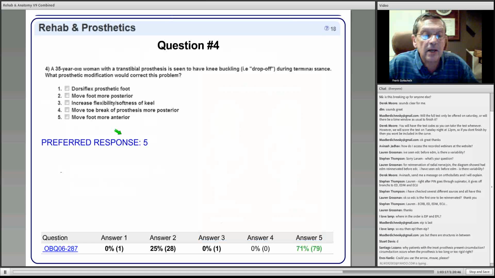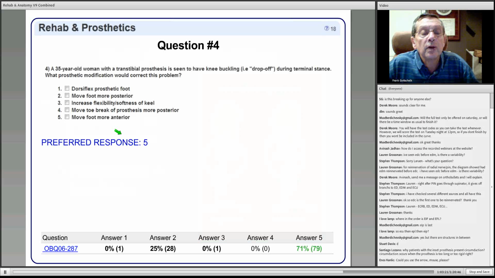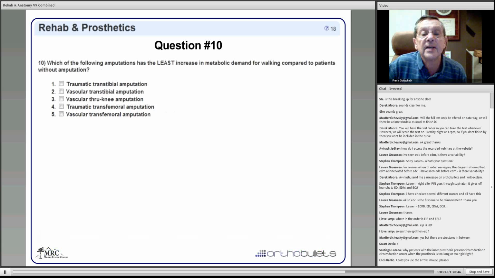So to answer your question, the preferred response was you want to move the foot slightly more anterior because it's been too far posterior. Now, some of you answered that question to move the foot more posterior, and the reason is yes, you are moving it a little bit from its anterior position. However, you don't want to set it more posteriorly because then you run into the problem of premature or staying in extension.